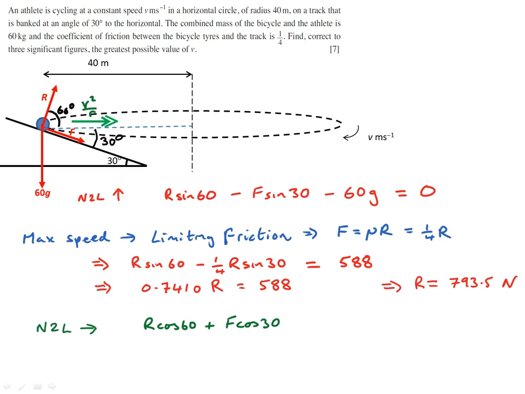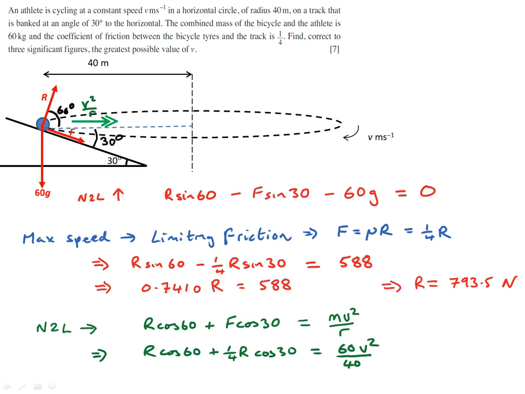Must equal the mass times the acceleration. So that is m times v squared divided by the radius of the motion. So we've got R cos 60 plus a quarter R, that's because we know that F is a quarter R, times cos 30 equals 60 times v squared divided by 40.